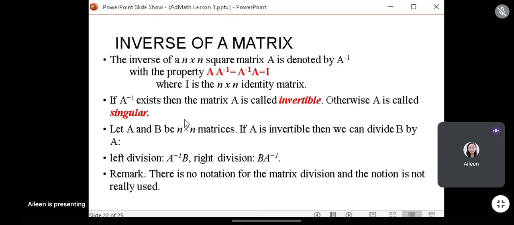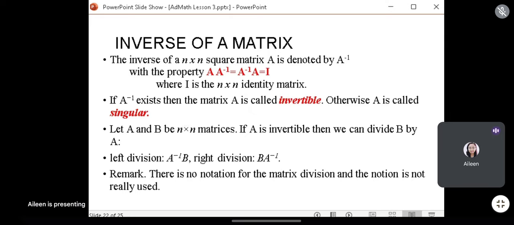Our determinant is not equal to 0, ibig sabihin, may value yung ating determinant. Kasi, if you have a determinant equal to 0, if you know the steps in finding the inverse, makikita niyo na wala kayong makukuhang sagot. So, ang una natin, dapat the determinant is not equal to 0 para makuha natin ang inverse.